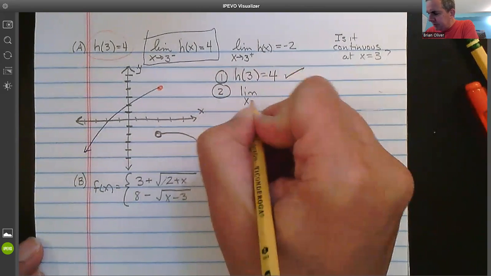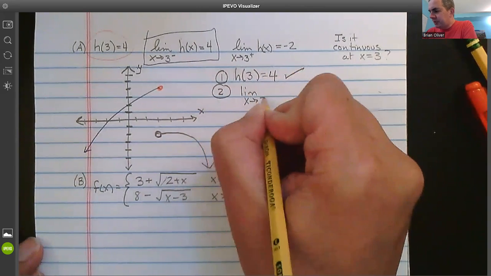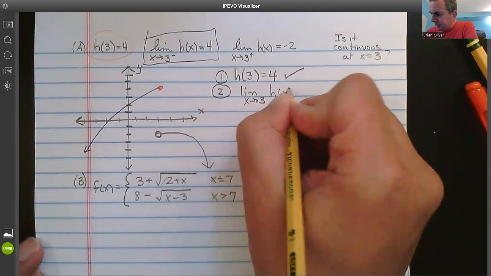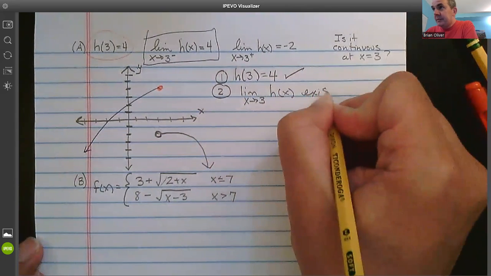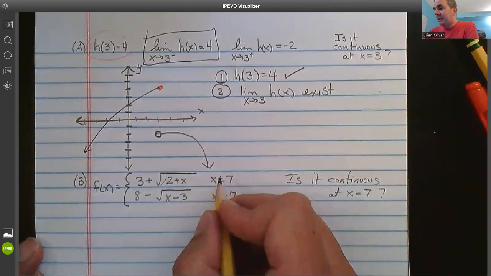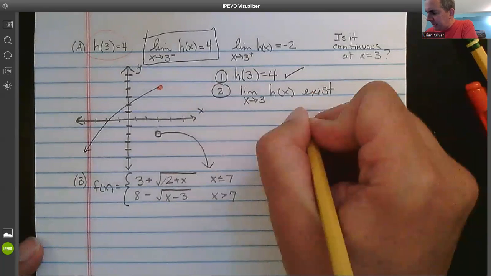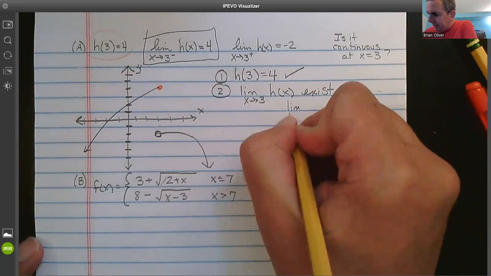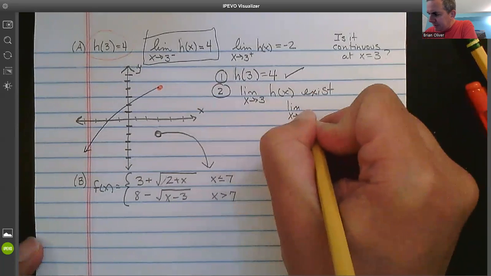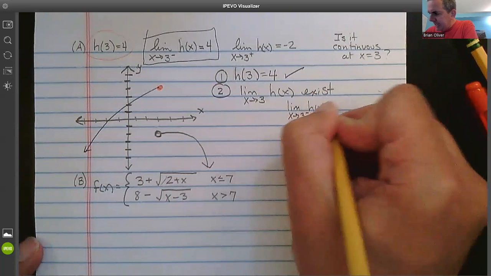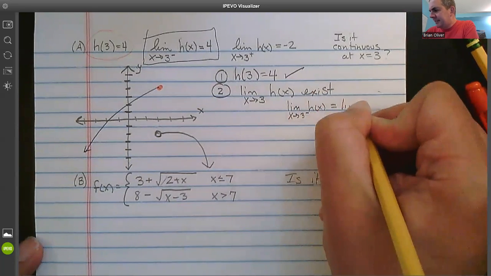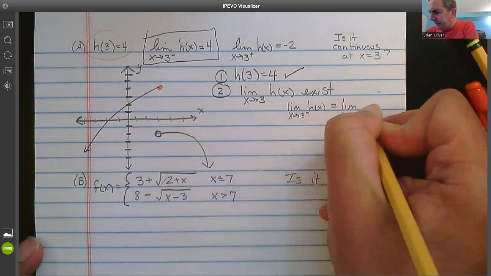I have to see that the limit as x approaches 3 of h of x has to exist. And what it means to exist is the following. The limit as x approaches 3 from the left of h of x has to equal the limit as x approaches 3 from the right of h of x.